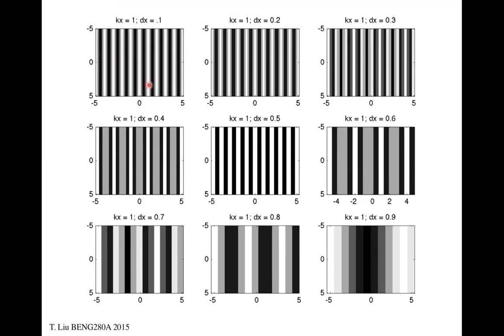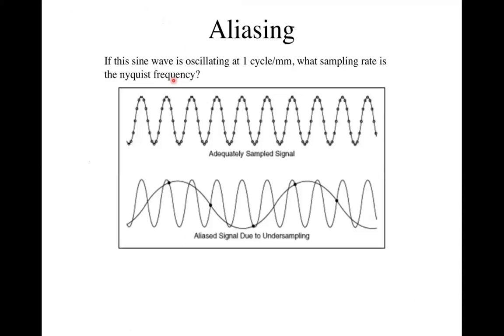So every millimeter as I walk along the plane, I go through 1 cycle of a sine wave. My delta x for this diagram is 0.1. So that means I get 10 estimates of that sine wave for every millimeter. So I get a nice smooth function when I'm going along here. It looks very much like that function.